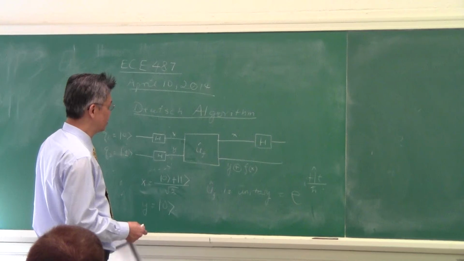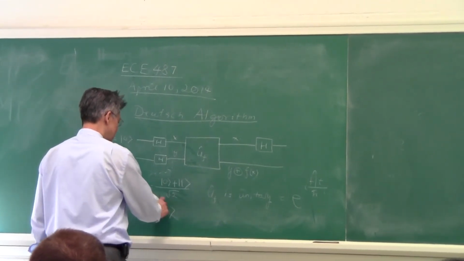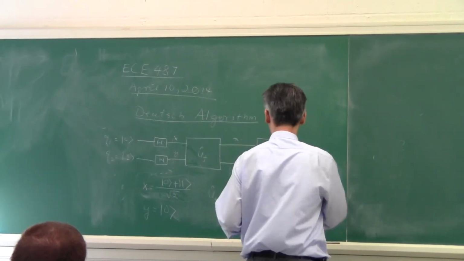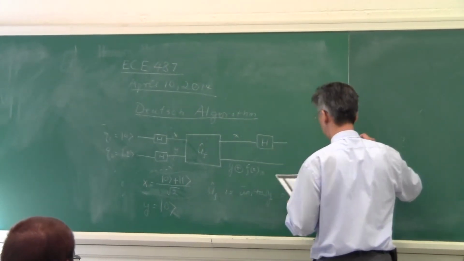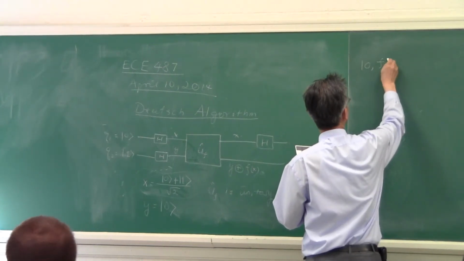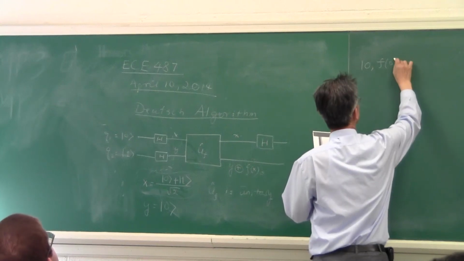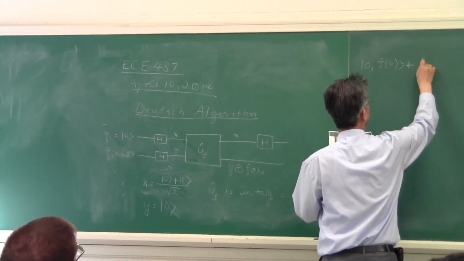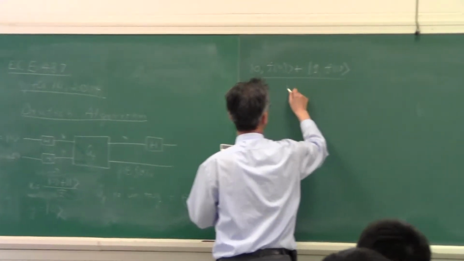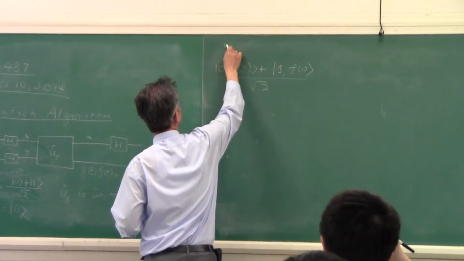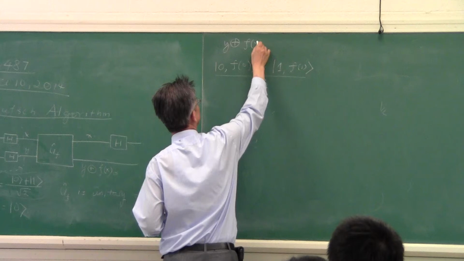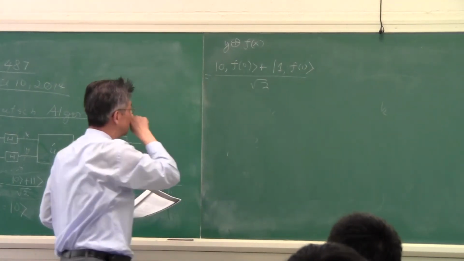And what is great about this is that when the input is something like this, then the output that you have in the bottom port here is something of this form. Plus 1, f of 1 over root 2. Okay, so this is equal to y plus modular addition f(x) is equal to that.